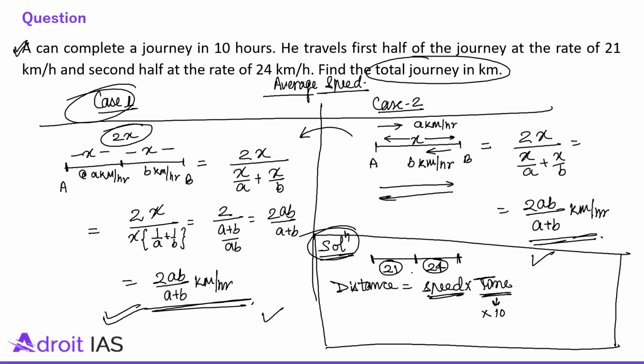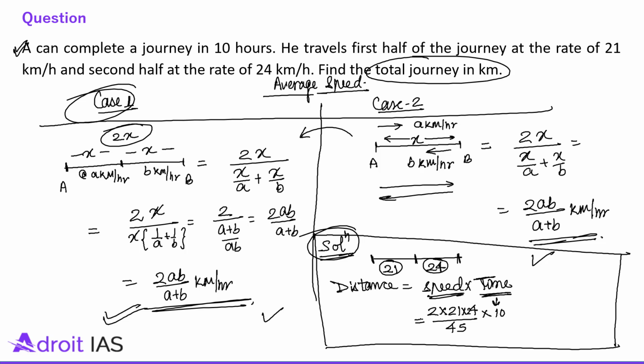That's why the speed for the entire journey will be considered as the average speed for the entire journey. So the average speed for the entire journey will be 2ab upon a plus b. So 2 into 21 into 24 upon 21 plus 24, which is 45. This is the average speed for the entire journey and this is the time, and the product of these two will give you the total distance covered.